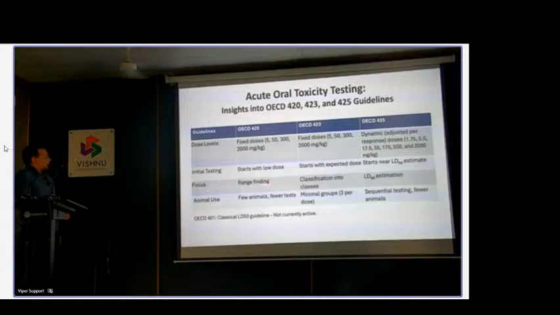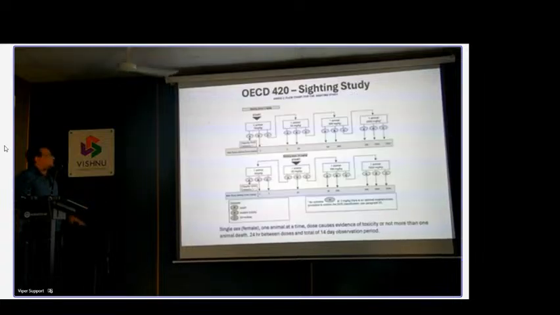This one is more of range finding. This is for the classification of the chemicals. This is for the exact estimation of your LD50. So the animal use is less compared to the 420. So this is a more responsible way of conducting these lethal dose toxicity studies.